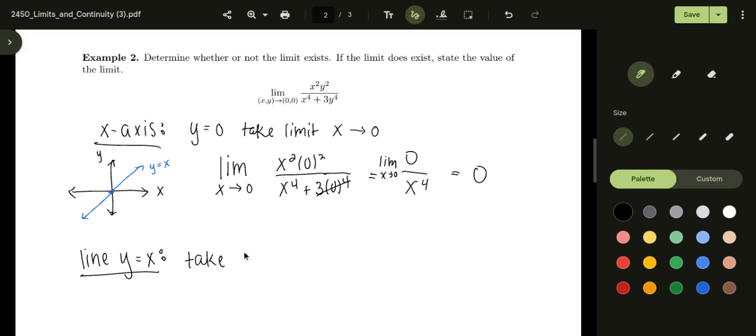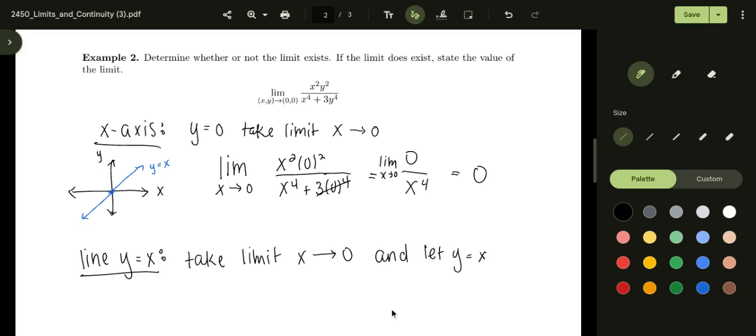But if that's the case, then what's happening to y? And we want to put y in terms of x because we're trying to get this to be a limit of a one variable function. So putting y in terms of x, well, that's y equals x. That's exactly what our line is. So we're going to let y equal x.